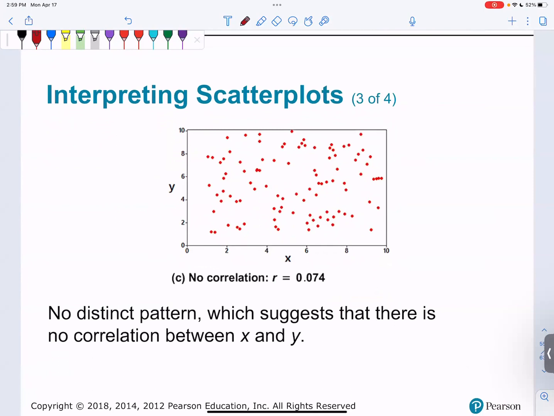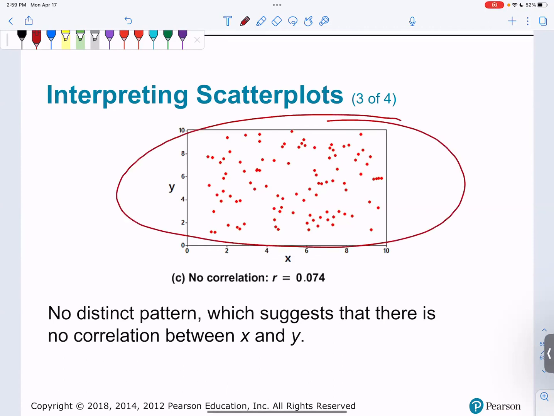If you look at this one, just from looking, we can say there is no correlation between those two variables, right? It is clear from the scatter plot. From this value alone, if we don't have the scatter plot, we can say no linear relationship.